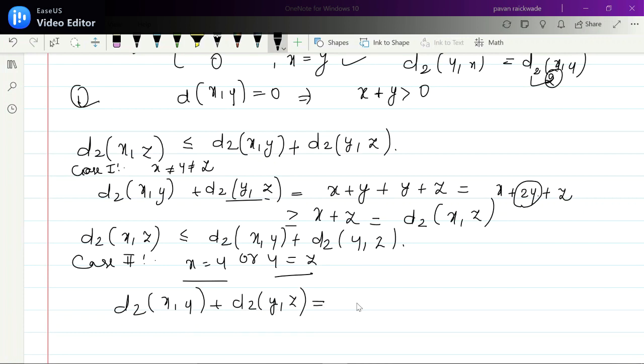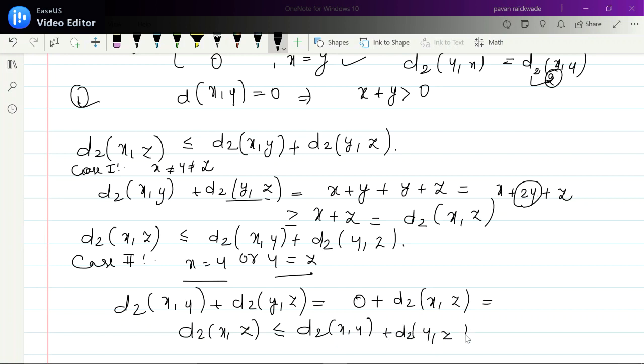If x is equal to y, this is equal to 0 plus d2 at, because x is equal to y, this is same as d2 at x comma z. So the inequality still holds: d2 at x comma z is less than or equal to d2 at x comma y plus d2 at y comma z. In this case, it will be just equal. So in both the cases, the inequality follows.